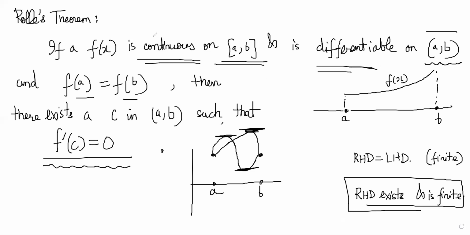Because of continuity, you cannot jump suddenly from here to here. Because of differentiability, f dash x is defined for all points in the interior. And because f of a is equal to f of b, one point must exist where f dash c is equal to 0.